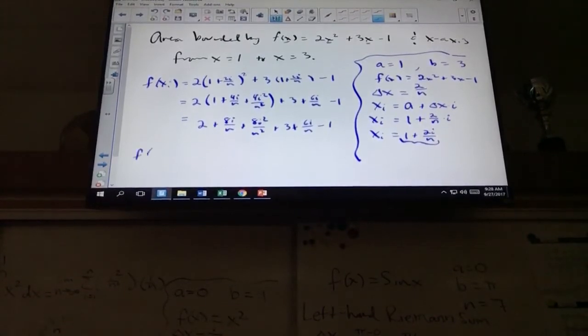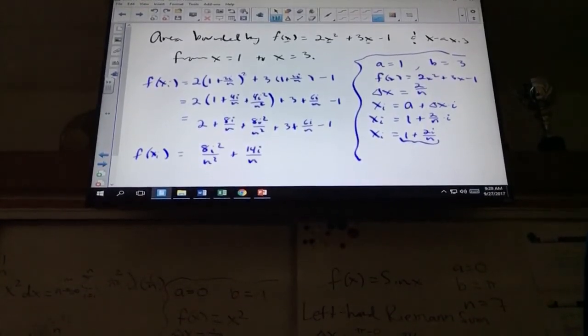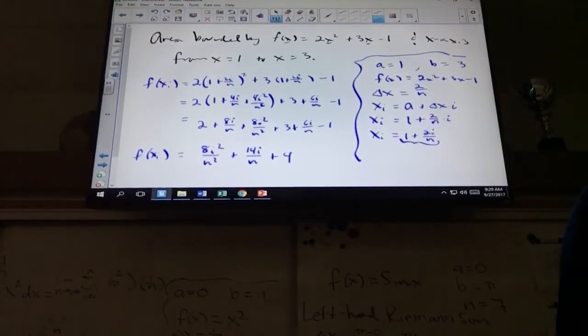So really, when everything is said and done, let me collect like terms here. So I'm going to have 8i squared over n squared plus 14i over n, and then plus 4. Okay, so that is f of x sub i.